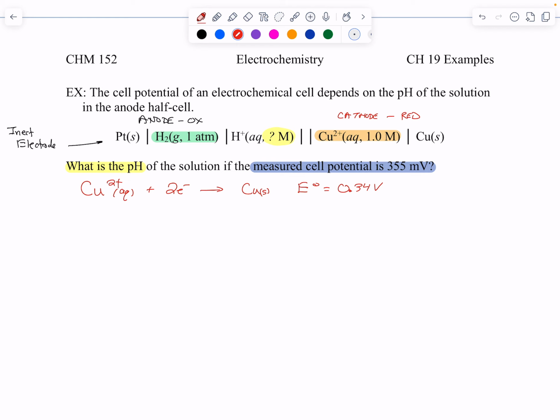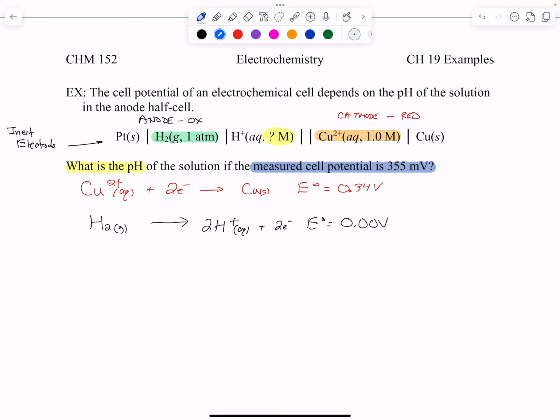So you'd have to use your cell potential chart or the book to look that up. The oxidation would be what? Well, it would be H2 gas going to 2H+ in solution plus 2 electrons, and that standard reduction potential is 0 volts.